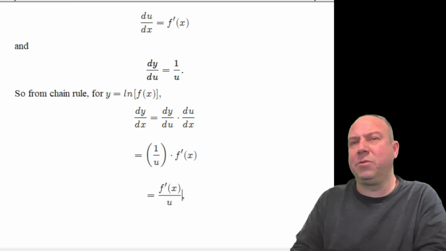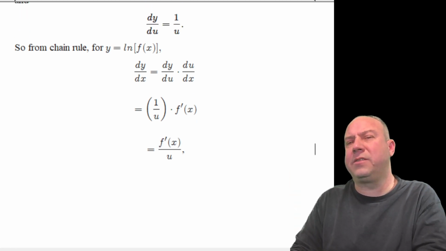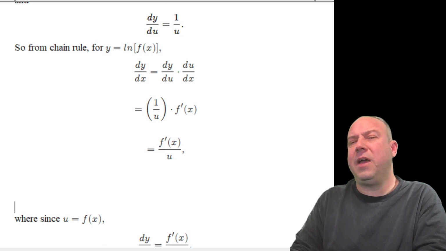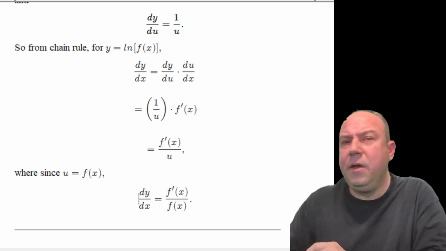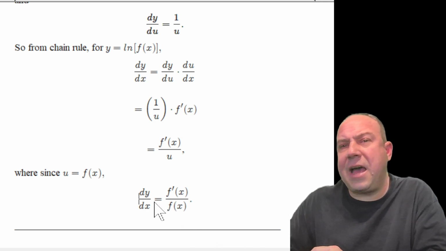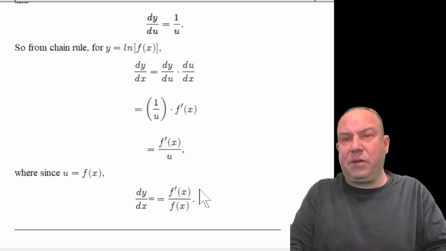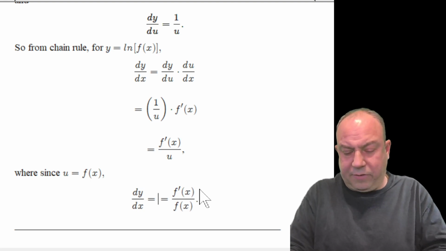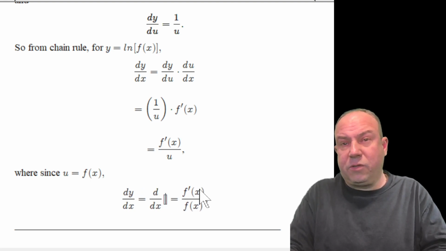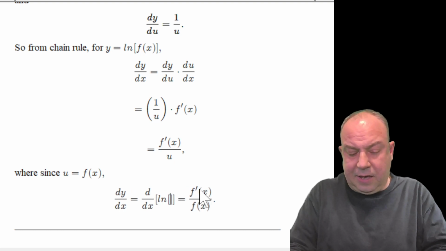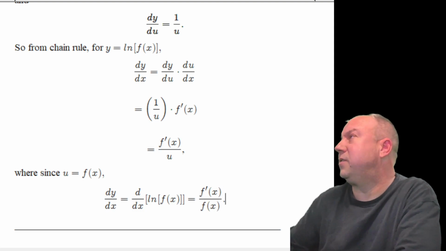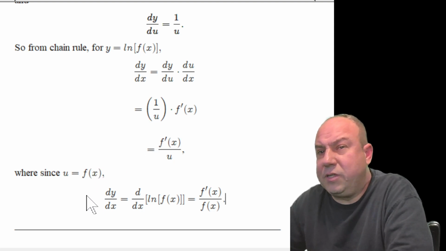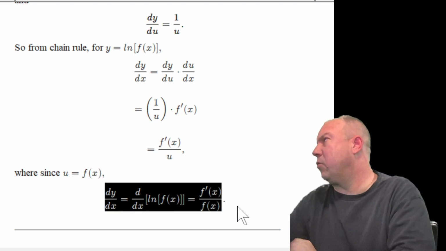Again, because u equals f of x, we can write this as f prime of x over the value of f of x for the derivative of y with respect to x, the derivative with respect to x of the ln of function f of x. It does give us this derivative result. This is going to be a really useful result.